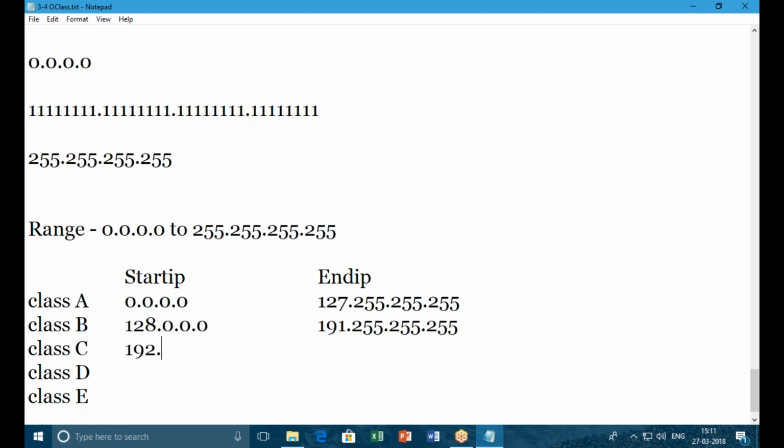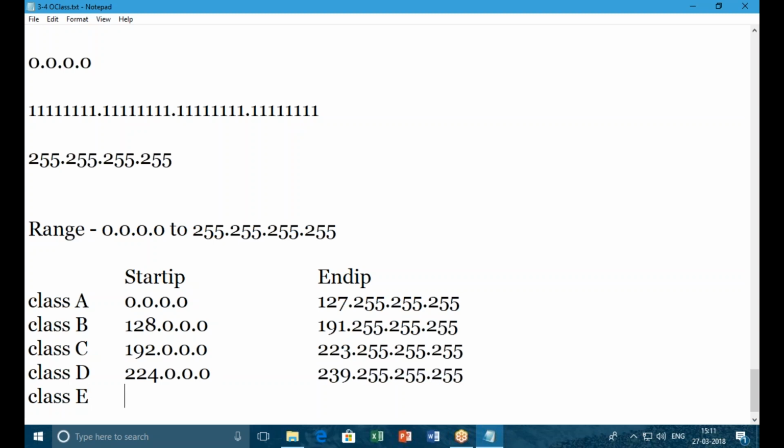Class C is 192.0.0.0 to 223.255.255.255. Class D is 224.0.0.0 to 239.255.255.255. Class E is 240.0.0.0 to 255.255.255.255. So these are the ranges for the classes.